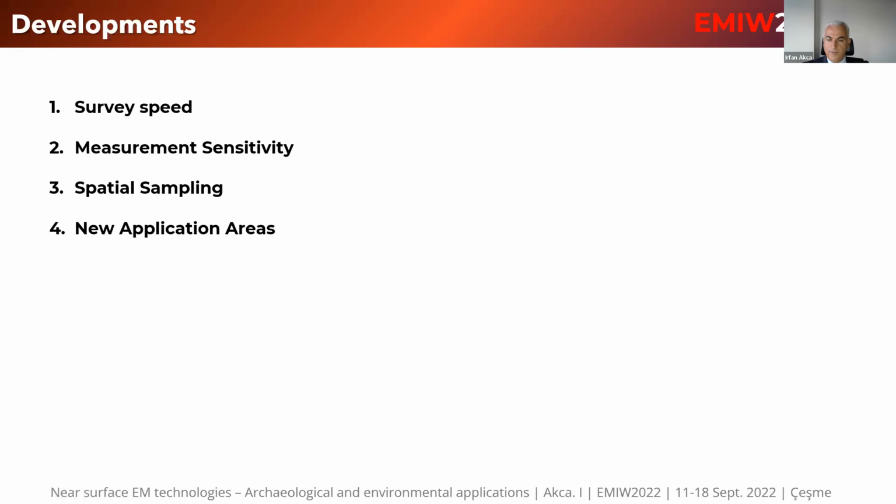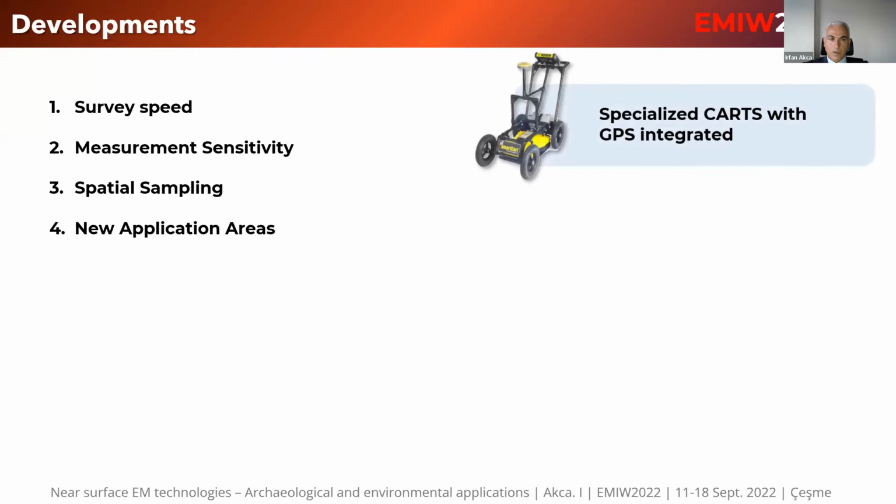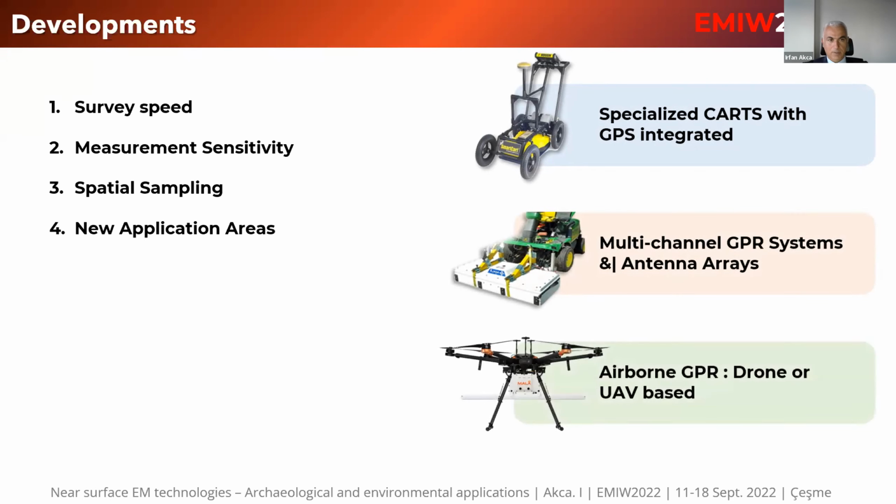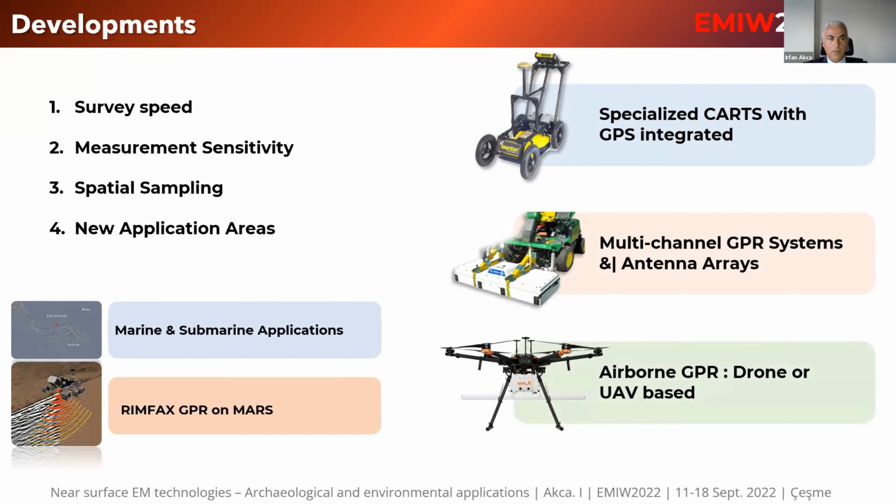Okay, we follow these developments in the following topics: survey speed, measurement sensitivity, more spatial resolution, and also we try to make some new application areas for the GPR method. Specialized carts are helping us to speed up the measurements.